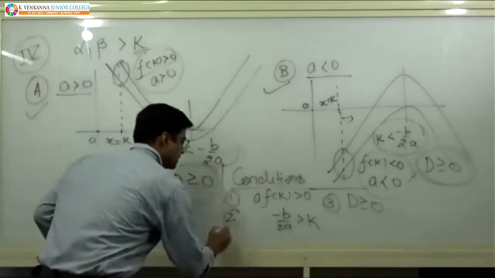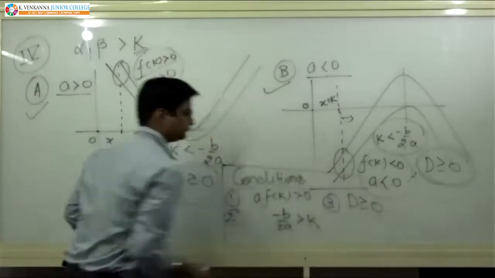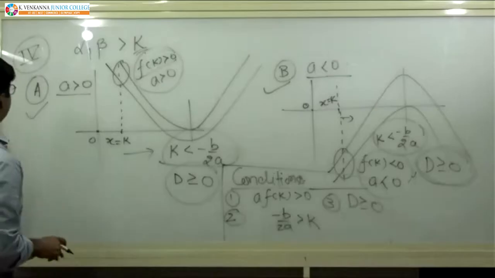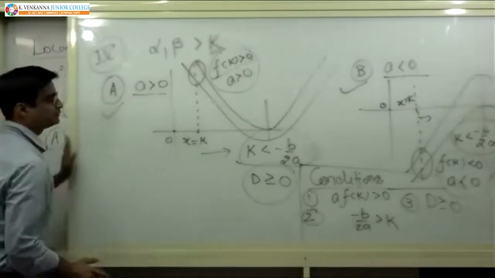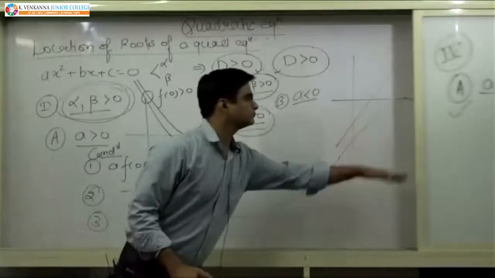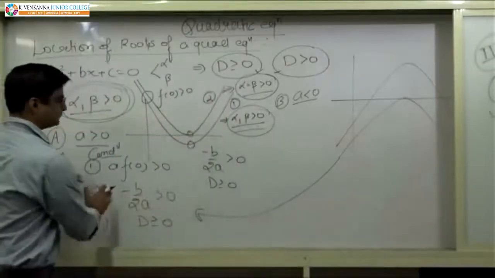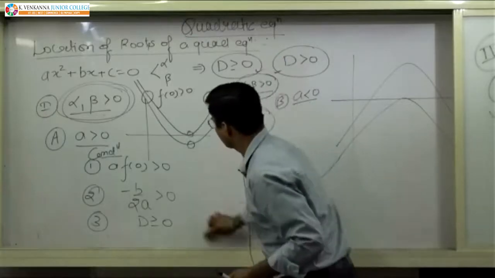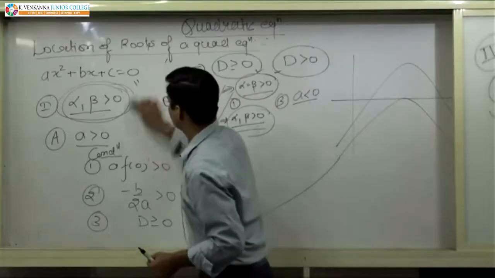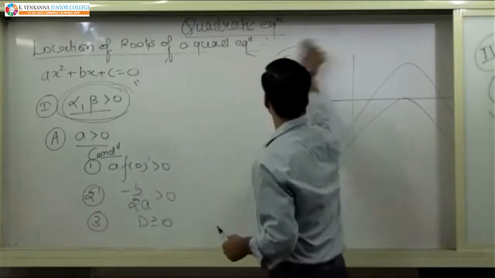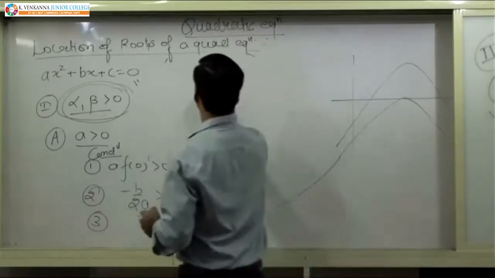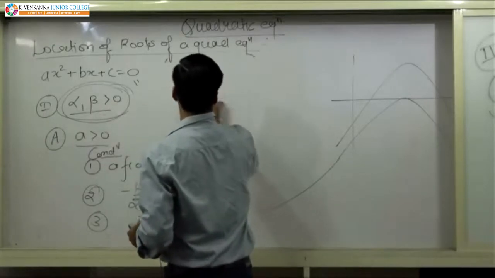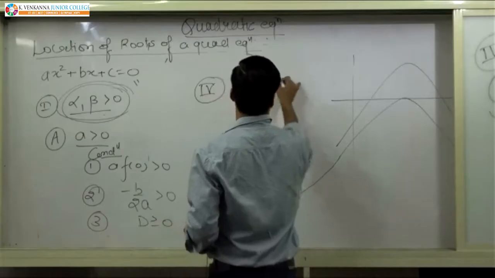Now, just remember this condition and look at the previous condition. Case number 1, alpha and beta are greater than 0, and case number 4 that we just discussed, where alpha and beta are greater than k.